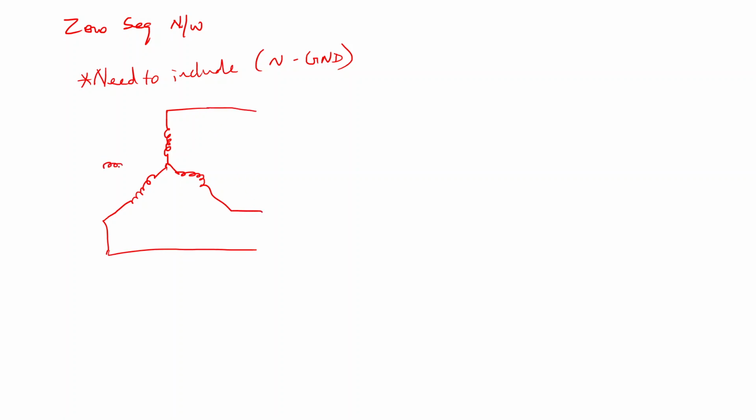And also this is N and this is ground, and this is Zn, this is Z0, and here it is IR0, IY0, and here it is IB0, and this is I0. Or IN we can tell, neutral current.